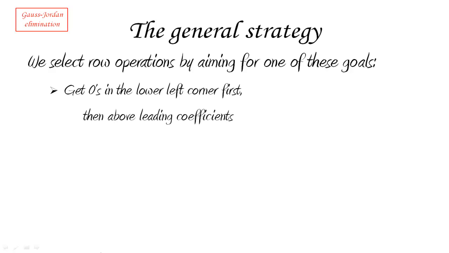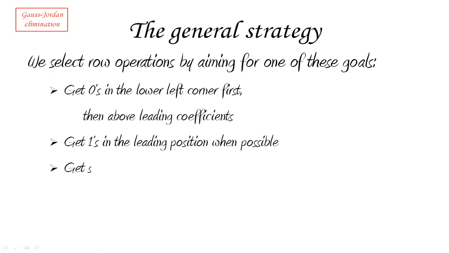Then after we've done that, we're trying to get zeros above the leading coefficients. Once we get all the leading coefficients, we try to change all the numbers above the leading coefficients so that they become 0. Then at the end, we're going to try and get ones in leading positions when possible.